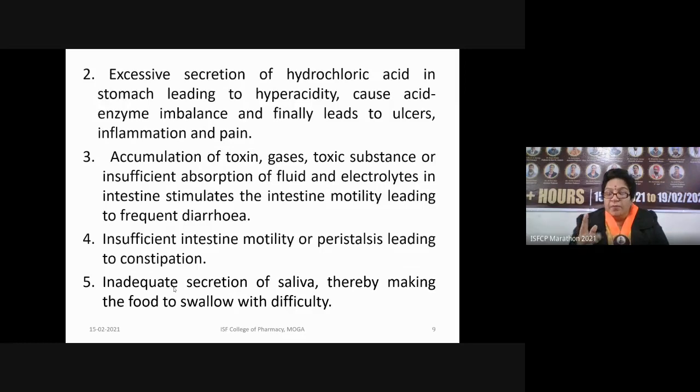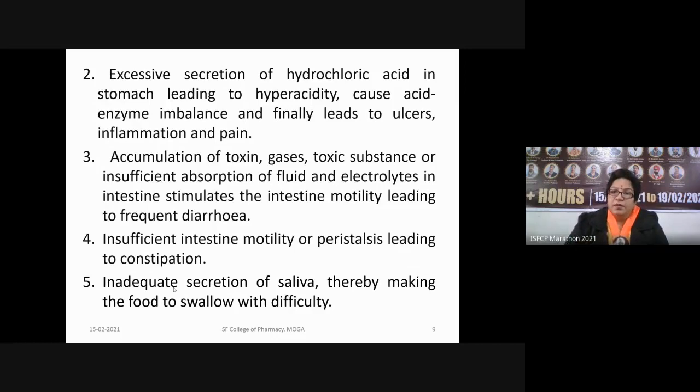This is the importance of this hydrochloric acid. Why do people say we should not drink water? Because if acid is already present in a proper amount, but we drink water and that hydrochloric acid is suppressed or diluted unnecessarily, it will not be able to act upon your food and break it down further.